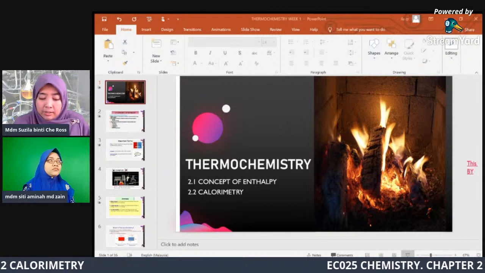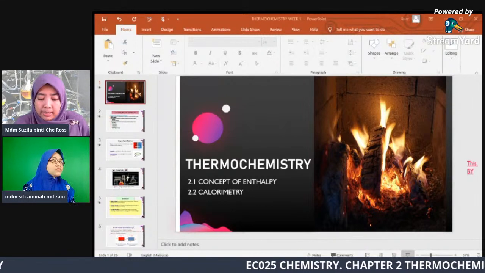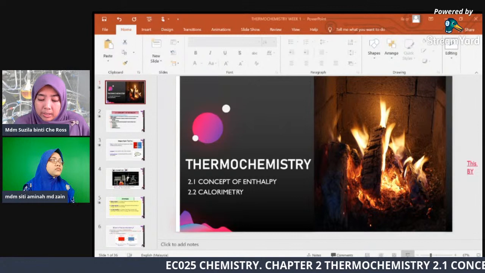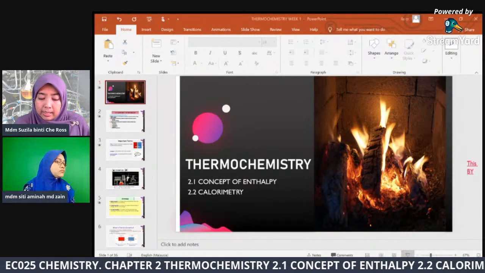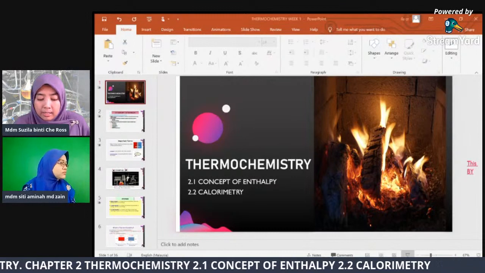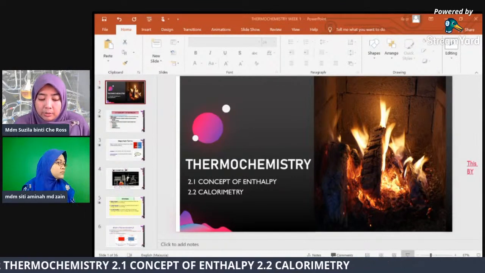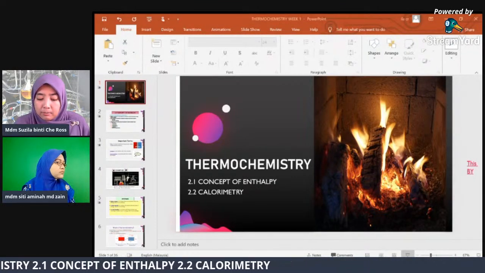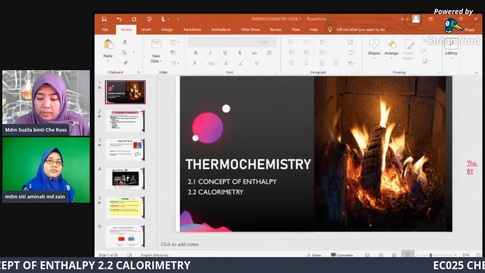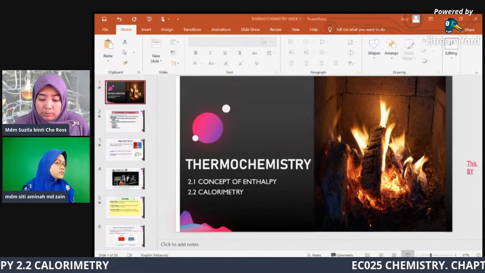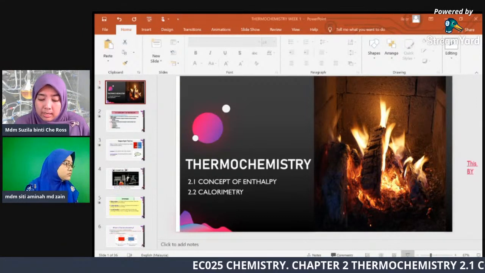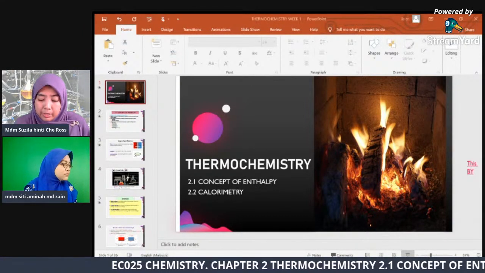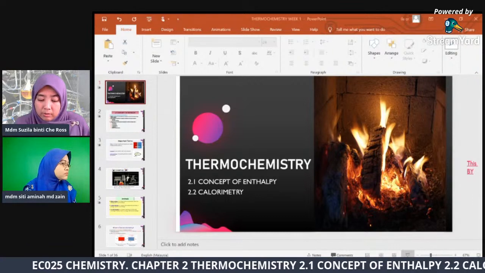And then students should be able to state standard condition of reaction and define the following terms: enthalpy and standard enthalpy. And the last one is students should be able to define and write thermochemical equation for each enthalpy below, which is formation, combustion, atomization, neutralization, hydration, and solution or dissolution.